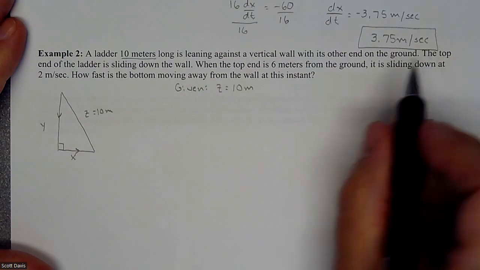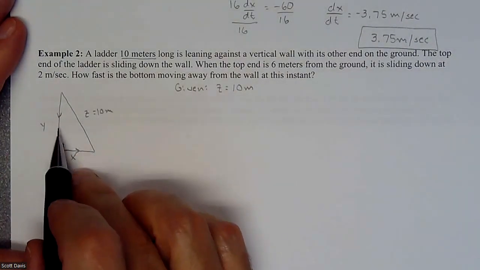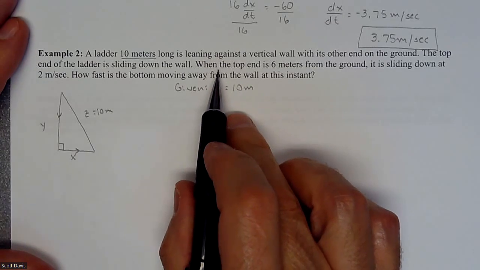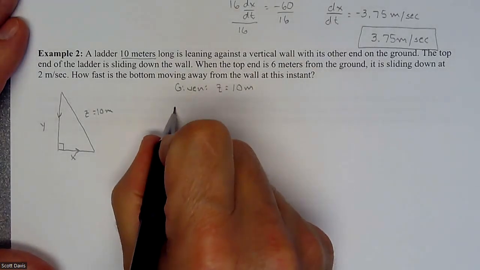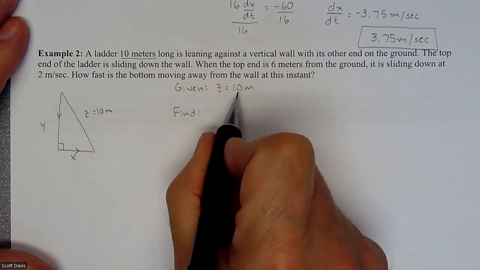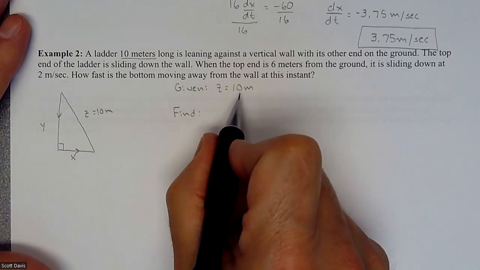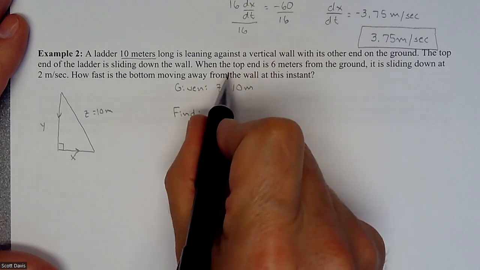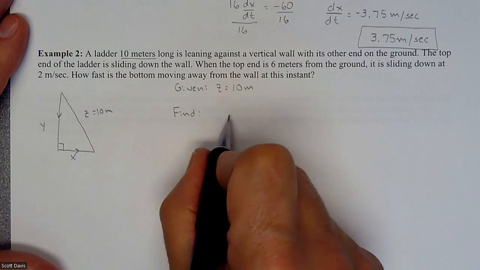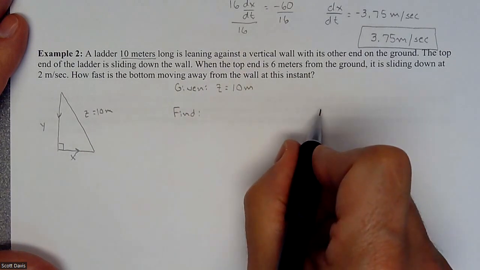So it says the top end of the ladder is sliding down the wall. Here's us sliding down, and then we're sliding out. Now here's where they give you a specific, so we're going to find a certain value. So this is the only true given that isn't really changing. When they shift into, here's your situation, then we're going to be finding a certain value at a particular instance, right?